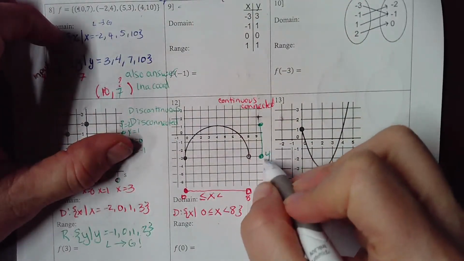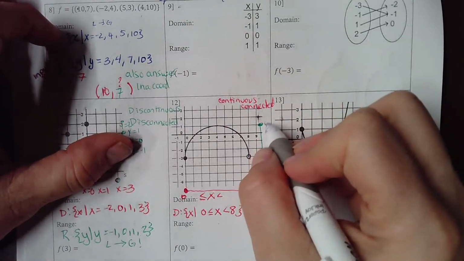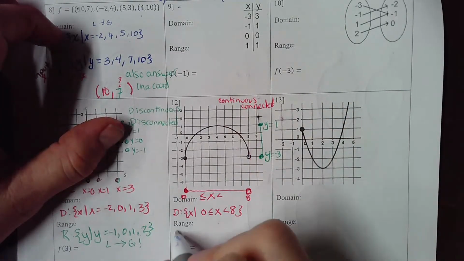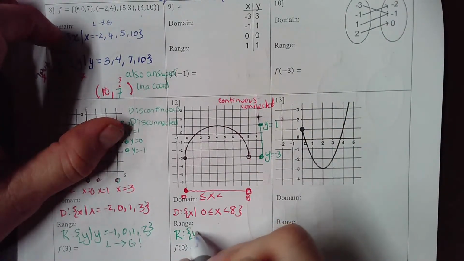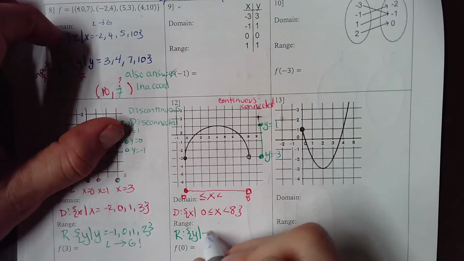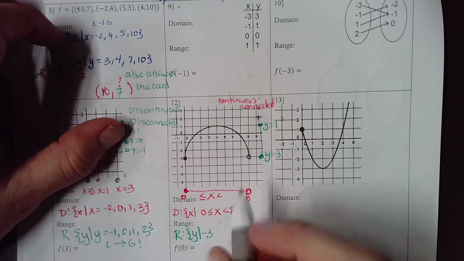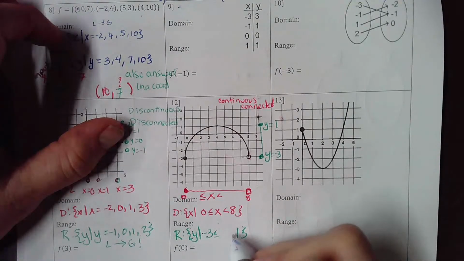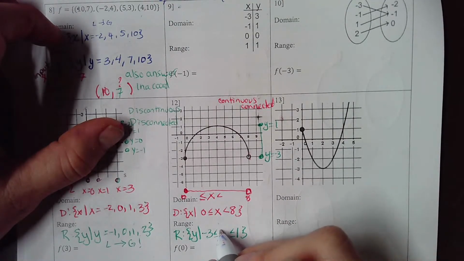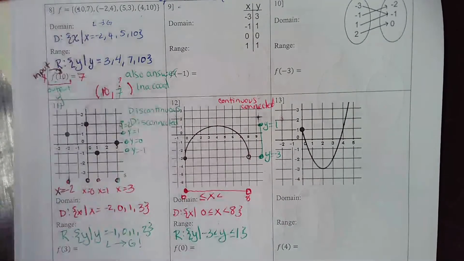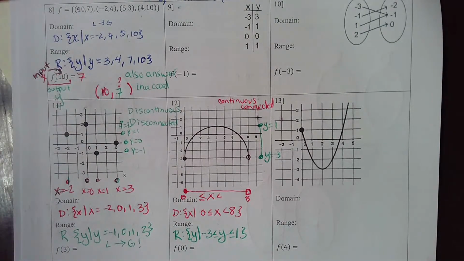This is at y equals -3. This is at y equals 1. So what's our range? It's the set of all y, where -3 is the lowest, 1 is the highest. -3 is included, 1 is included, and our range, or y, is in the middle. Bravo!